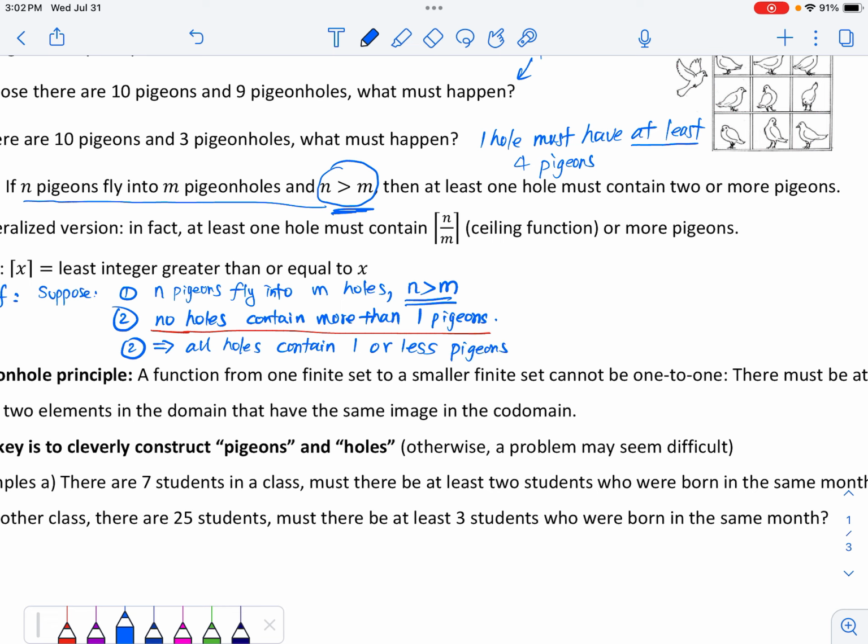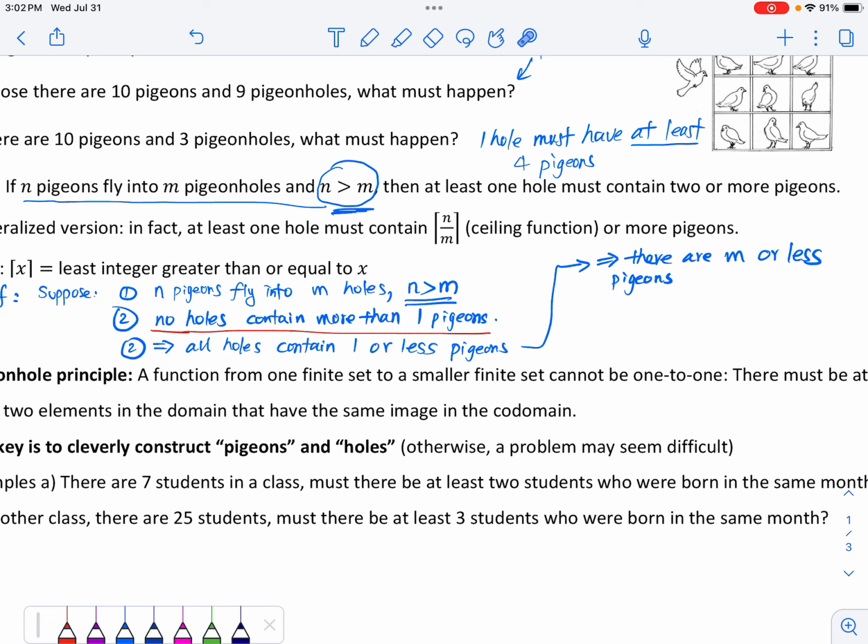Now, how many holes do we have? There are m holes. And we know all these m holes contain one or less pigeons. This implies there are m or fewer pigeons in total.